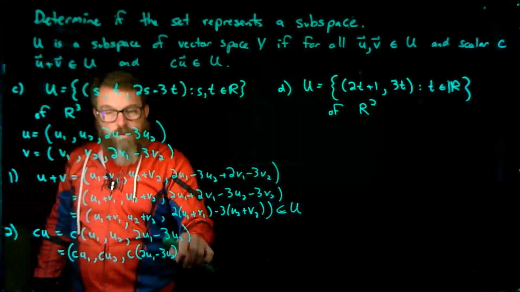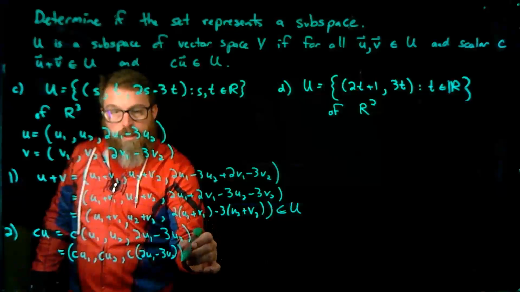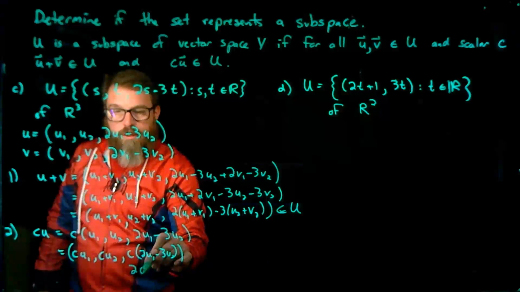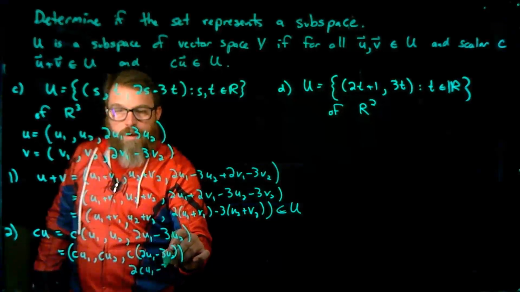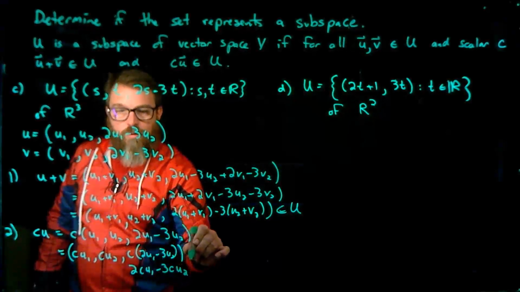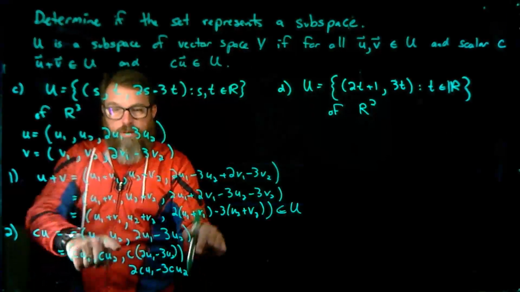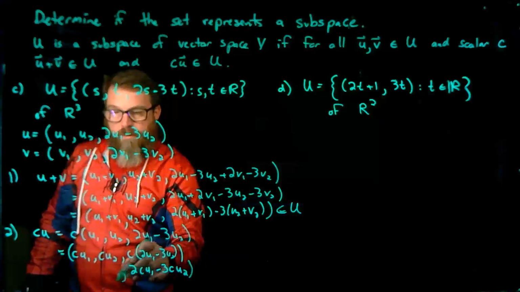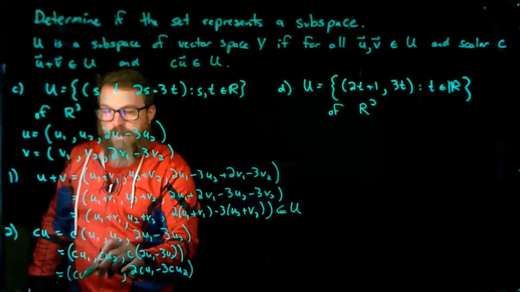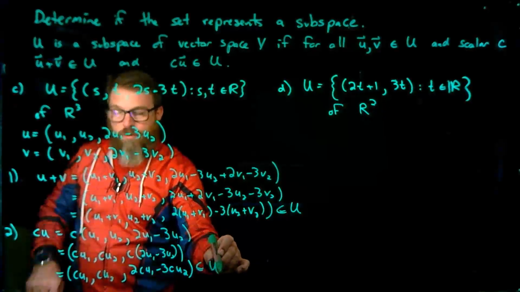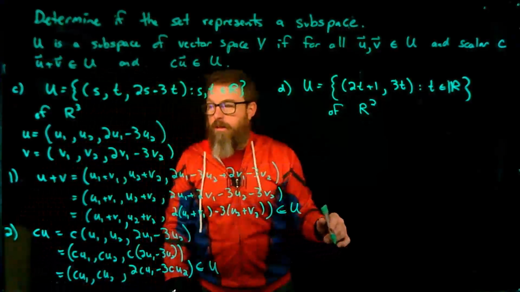So when I distribute the C in here, I'm going to do it cleverly. I'm going to put the C just in here. So this is going to be 2CU1 minus 3CU2, and that's what I have. I have 2 of these minus 3 of these. So we can see that it still has that correct form. So this is an element of U. So this is closed under vector addition.